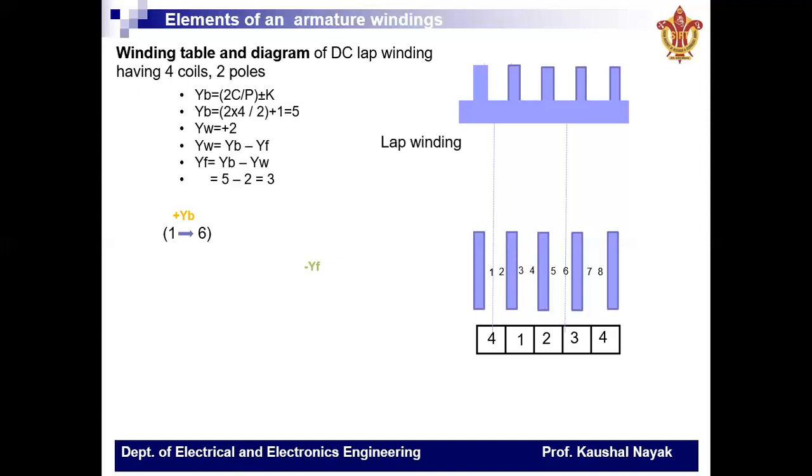If we know the coil side 1, by adding a back pitch of 5, we can get the bottom coil side of the same coil, separated by 180 degrees electrical.